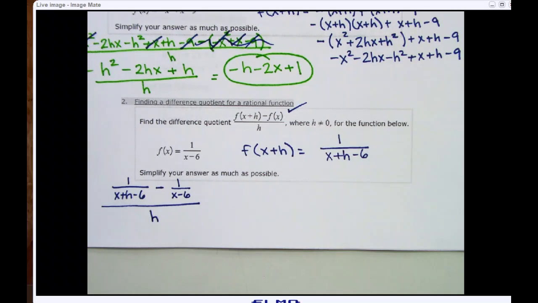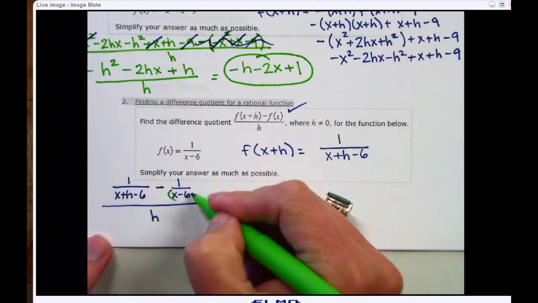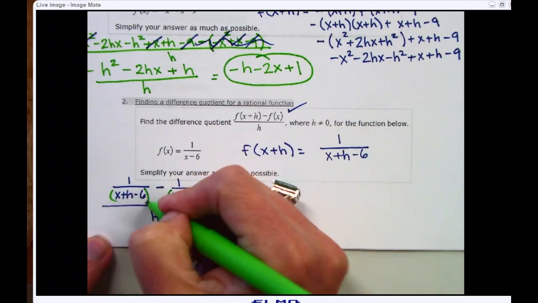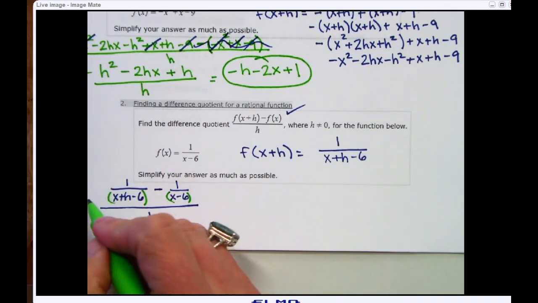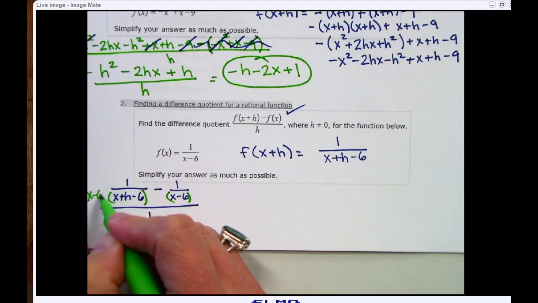And I do need to simplify this. So, that being said, how do I add and subtract fractions? What do I have to have? I have to have a common denominator, right? So that means I need to multiply this one by x minus 6.